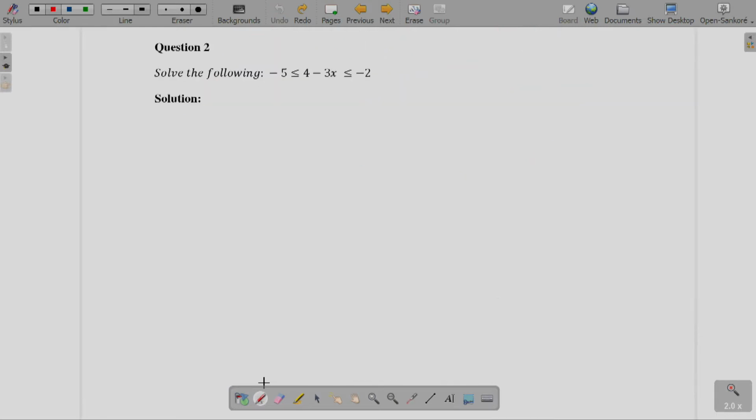So now let's do this question, where we are required to solve this inequality.